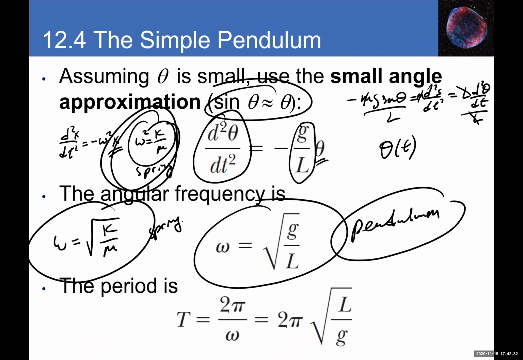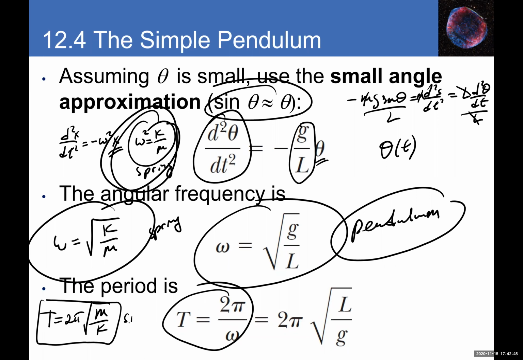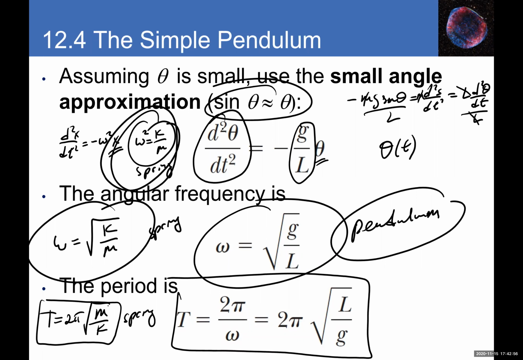Using this, we can look at the period equation for the pendulum. Remember, the period for the spring was 2 pi square root of m over k. And for the pendulum, because omega is the square root of g over L, the period of the pendulum equals 2 pi times the square root of L over g, which means this.